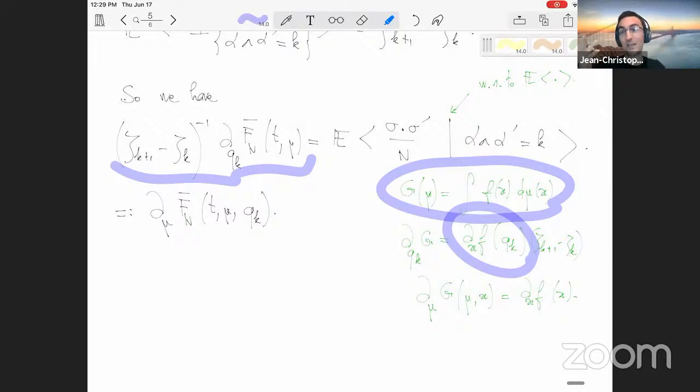And that's a big advantage of dividing by zeta k plus 1 minus zeta k, because otherwise that would not be true, as we would have these zeta k's around which depend on mu. So maybe that's another way to see that this definition has a good property.